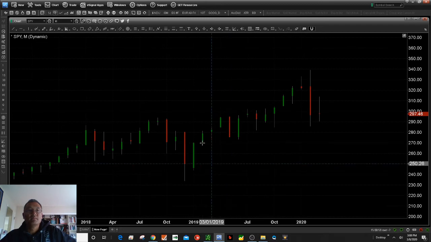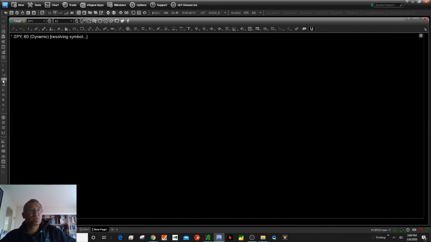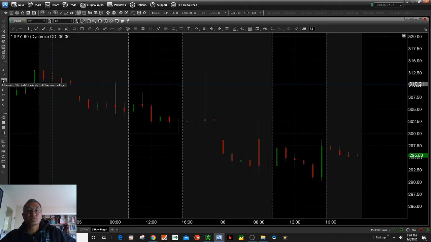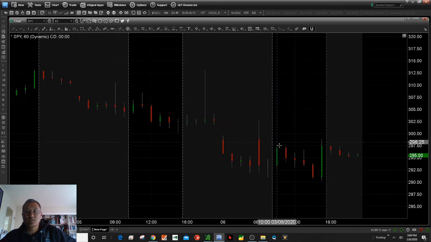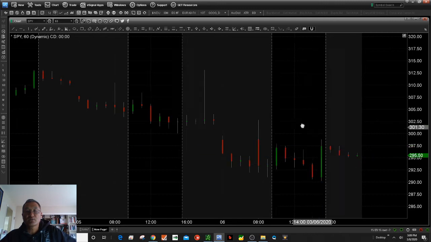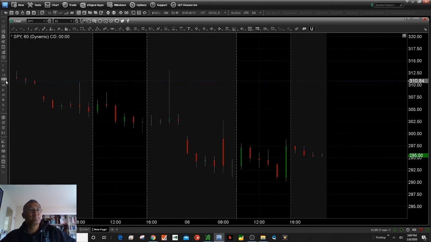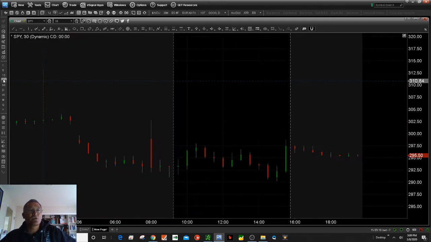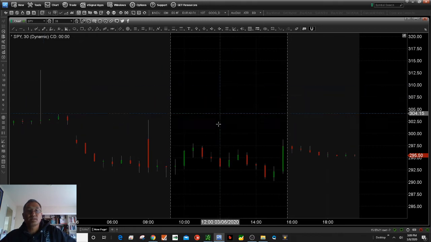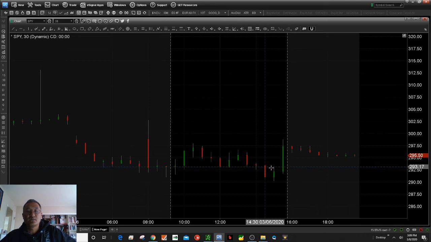Okay. And then we get back to the 60-minute chart. These are all intraday charts. Intraday meaning that this is the close of the market. This is the open part. So this is 1, 2, 3, 4, 5, 6 candles, 6 hours of trading during the open. 30-minute chart, 30-minute time frame, meaning that each one of these candles is 30 minutes.